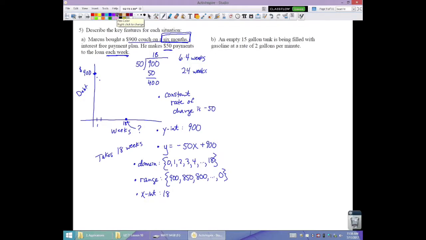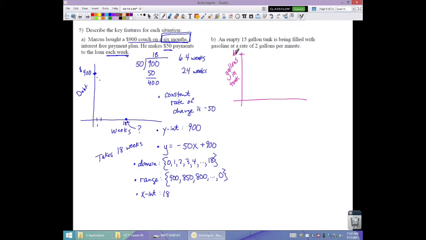Part B, we have an empty 15-gallon tank. It's going to be filled at the rate of 2 gallons per minute. Now this one, it's an empty tank, but this is how many gallons of gas we can put into the tank. We know we don't need to go beyond 15 because that's all it can hold.